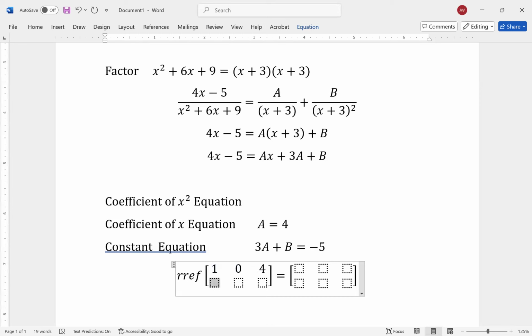The first equation gives you 1 as your coefficient of A, 0 as your coefficient of B, and then 4 as your constant. The second equation gives you 3, 1, -5. When you take that to row reduced echelon form, you get 1, 0, 4, and then you'll get 0, 1, -17. So 3 times 4 minus 17 gives me the -5 that I'm looking for.